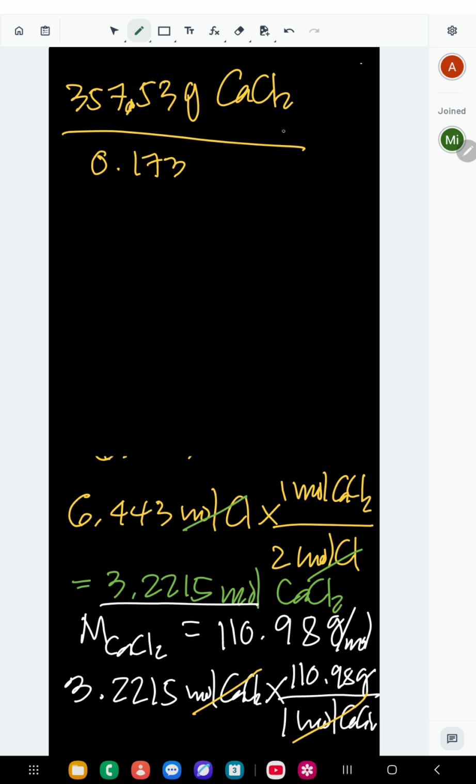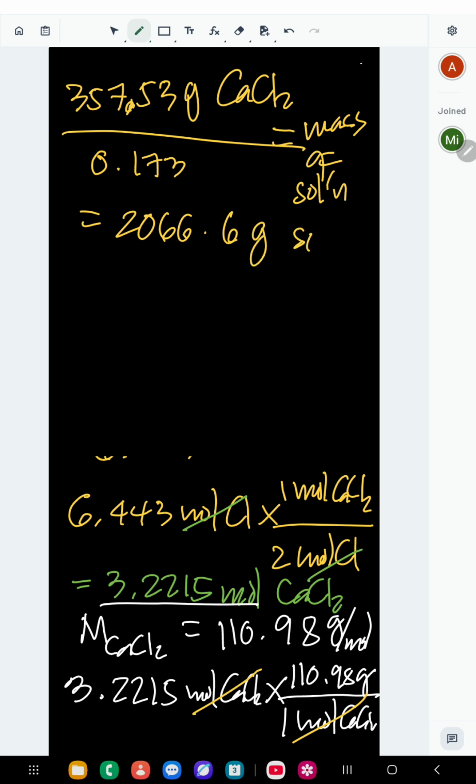So this is just the mass of solution. So divide by 0.173. What did you get? How come I get different? Okay, yes, that's right, 2066.6 grams of solution.